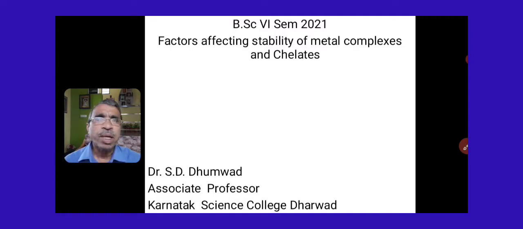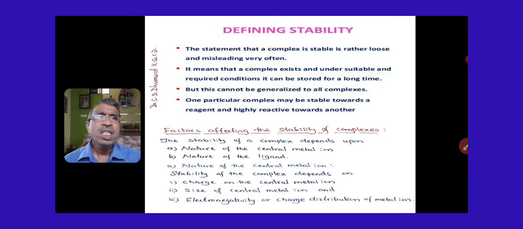A complex may be thermodynamically more stable, but it may be kinetically labile. Similarly, a complex may be thermodynamically less stable or kinetically inert. This is what we discussed in the last class.